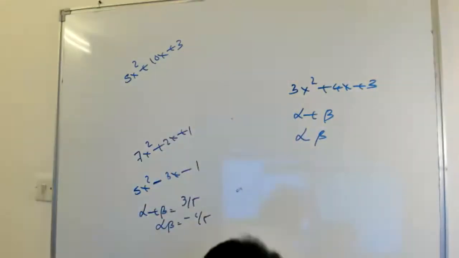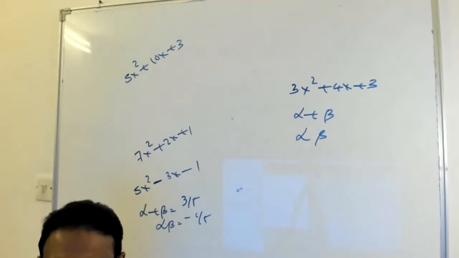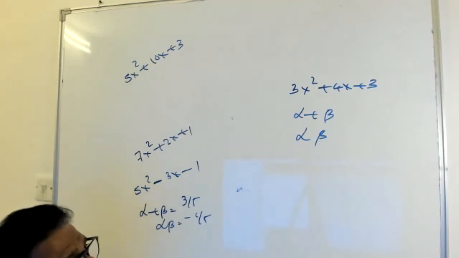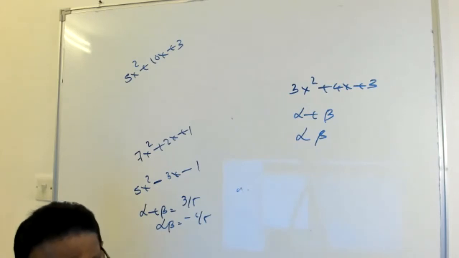Tell me. Alpha plus beta is minus 4 by 3, and alpha beta is 3 by 3.